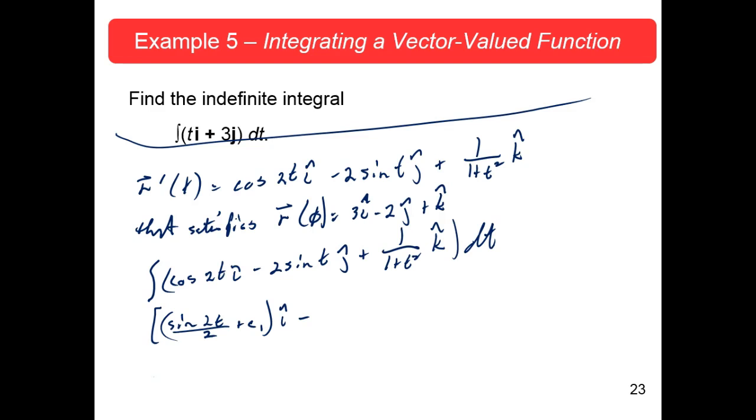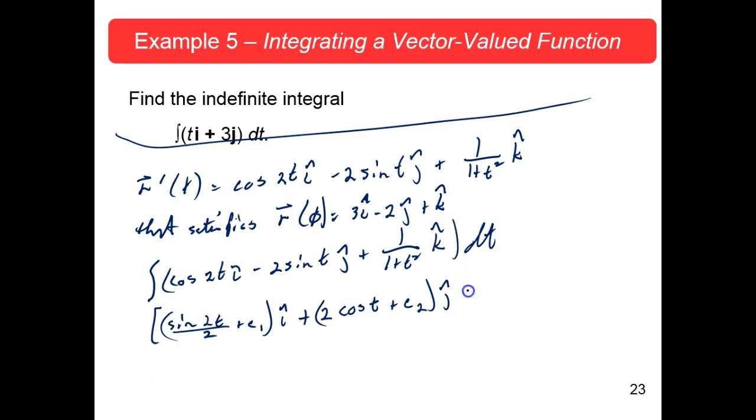Yeah, that would be a plus because the antiderivative of sine is minus cosine. So that would change that to plus 2 cosine t plus C2 j. You okay with me doing that? I think it'll be easier in the next step to have them individualized like this. Most of the time, I just write down a vector C, but this time, I'm doing component by component.